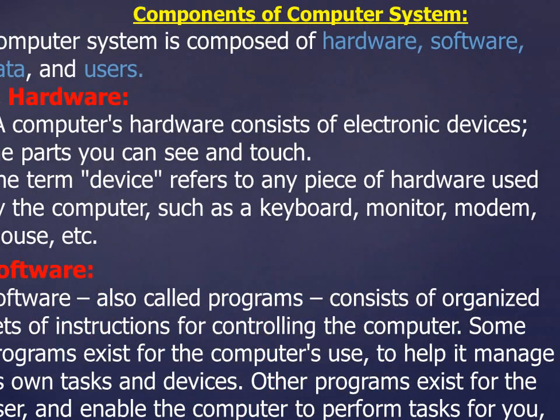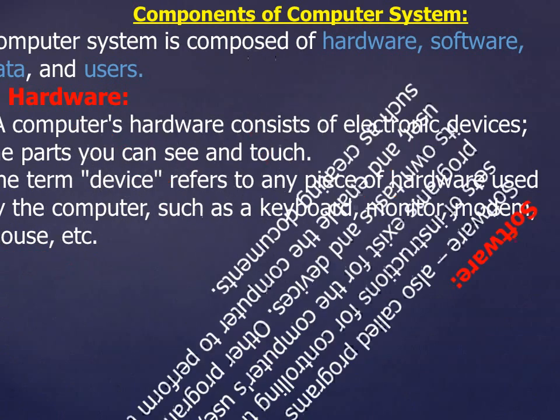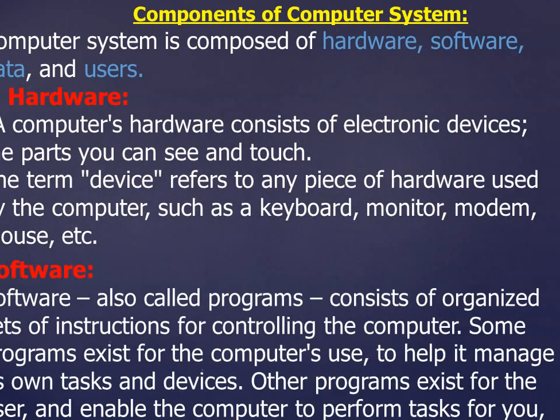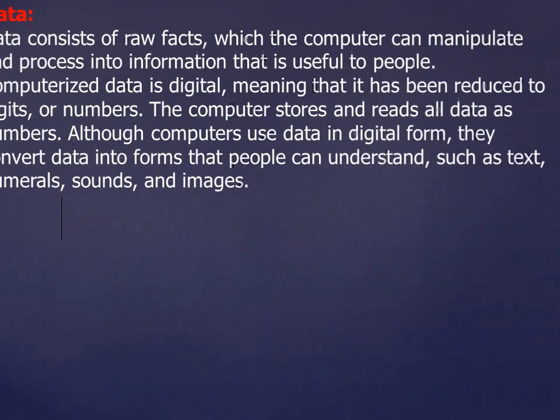We can as well continue into the computer system when we look at data. Data consists of raw facts which the computer can manipulate and process into information that is useful to people.